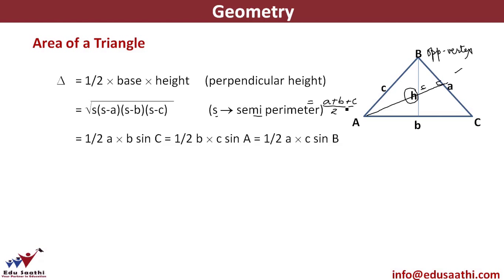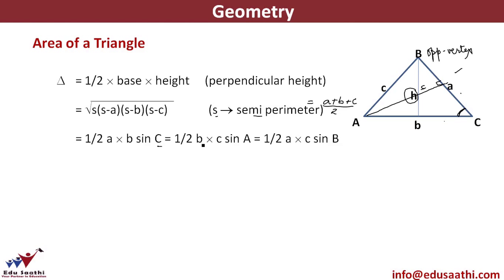The third formula that you can use to find out the area of the triangle is half AB sine C, or half BC sine A, or half CA sine B. It will depend upon which two sides are given to you, and the angle there is the included angle between the two sides. So if you are taking sides A and B, the included angle between them is the angle C. I have to take the sine of the angle included between the two sides.